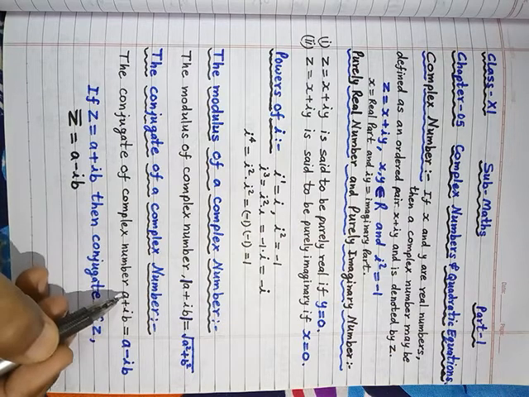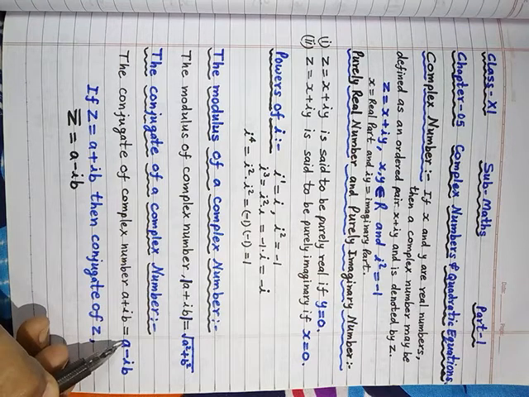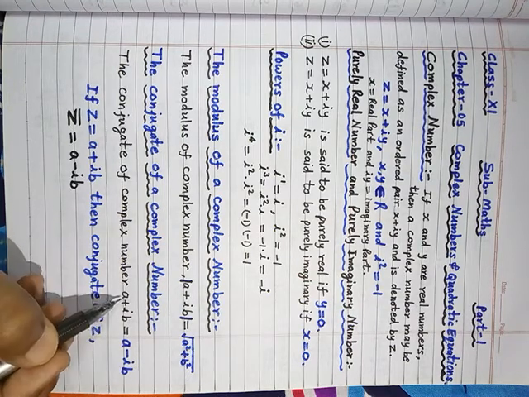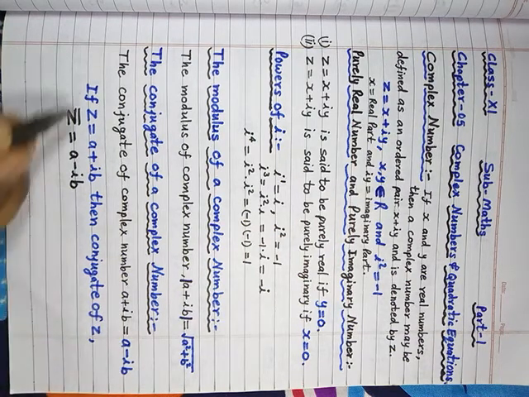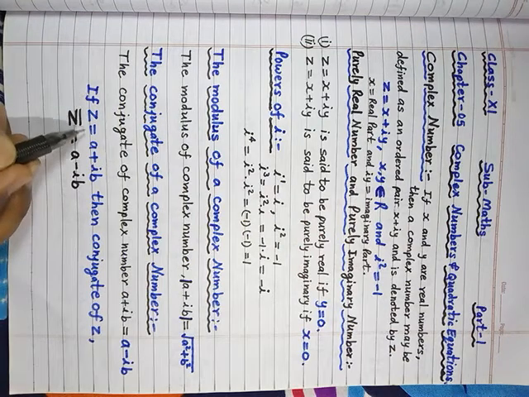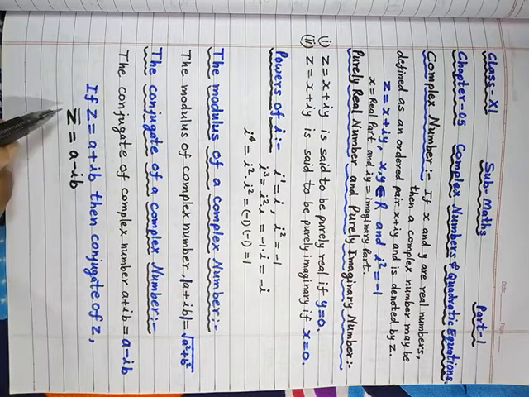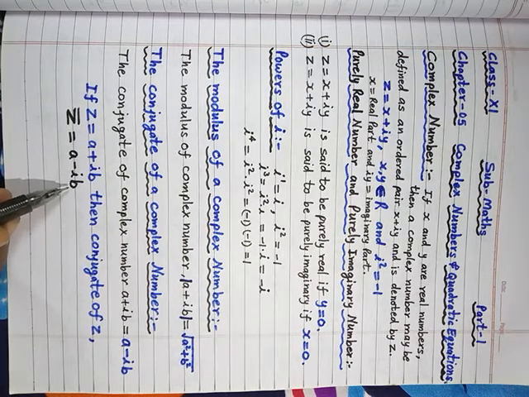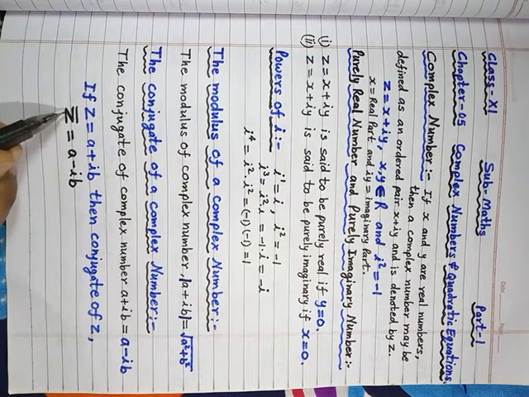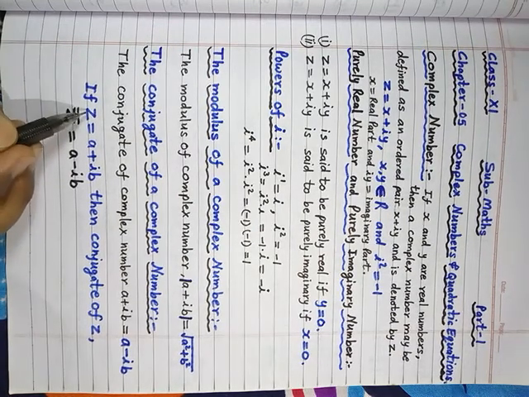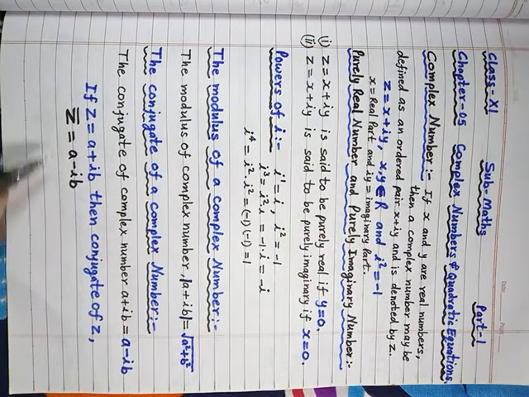If a minus ib, then the conjugate is a plus ib. So if z is equal to a plus ib, then the conjugate of z is a minus ib, and it may be represented as z bar.